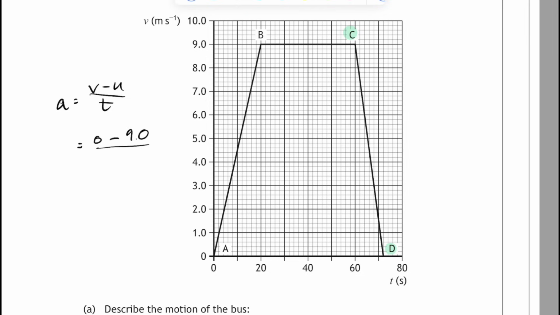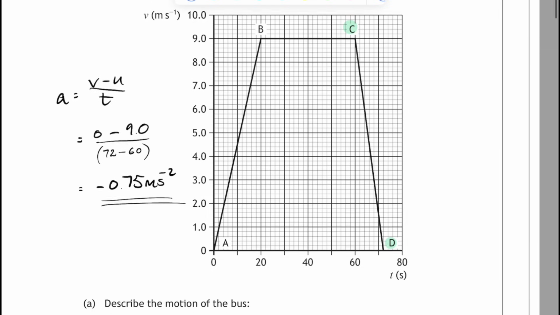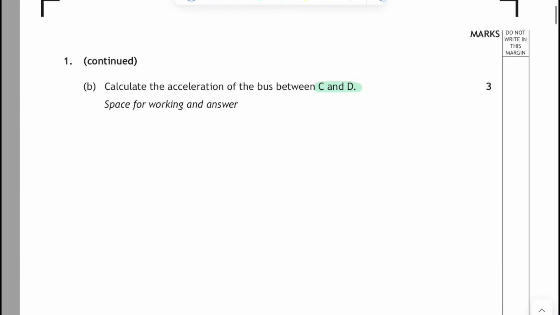And the time it took between C and D, well, point C is at 60 seconds and point D appears to be at 72 seconds. So 72 minus 60 means the time for it to slow down was 12 seconds. And that gives us an answer of negative 0.75 meters per second squared.